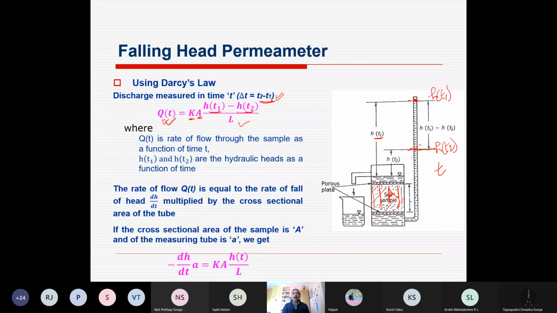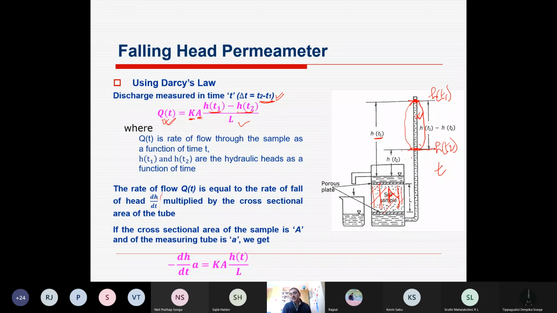However, this will be equal to the volume of water that has passed through this soil and is reducing in the tube which is supplying water. So the rate of fall of head in this supply tube, per unit time, is ds by dt.